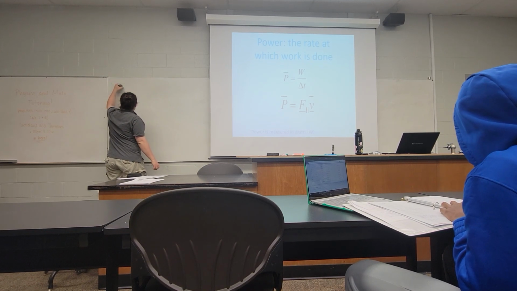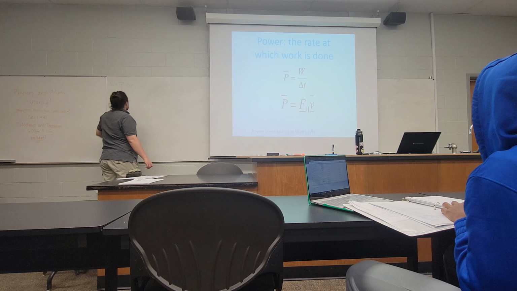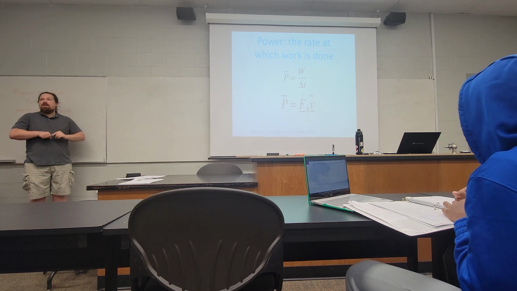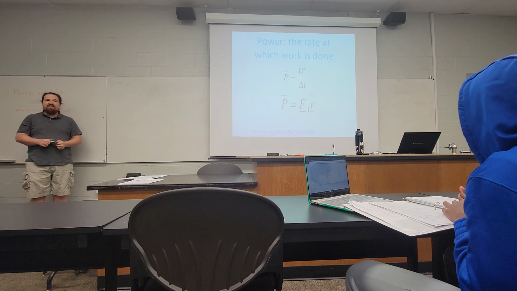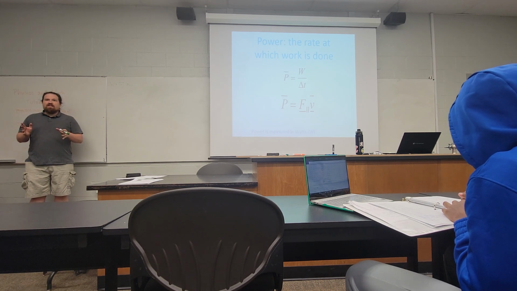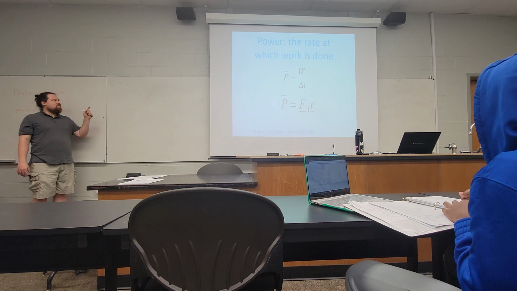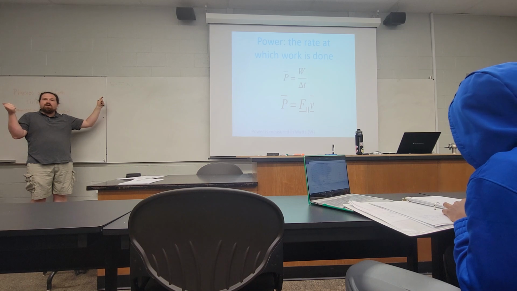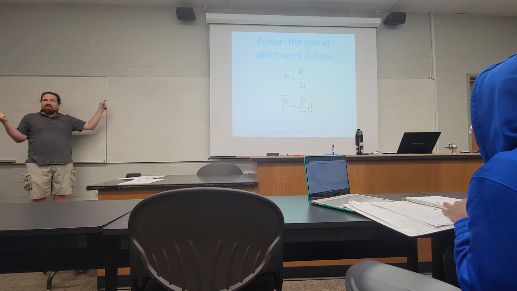Work, and the formula for work, is force times displacement. And it's a useful formula. It tells you how much energy a certain action is likely to take. But there is a problem with it. And it's that this formula does not at all reference how fast something gets done or how easily it gets done.